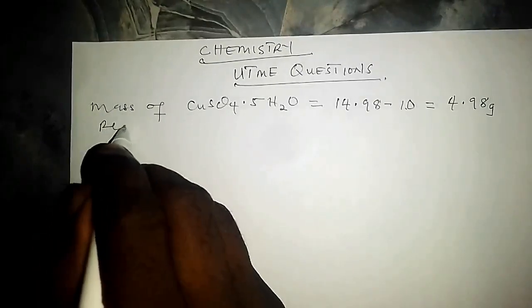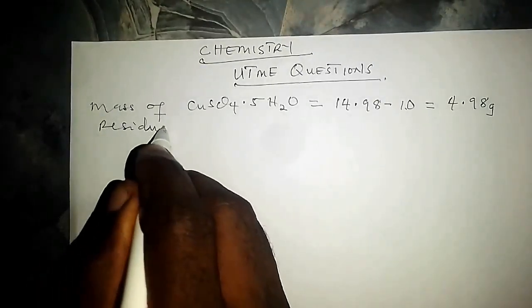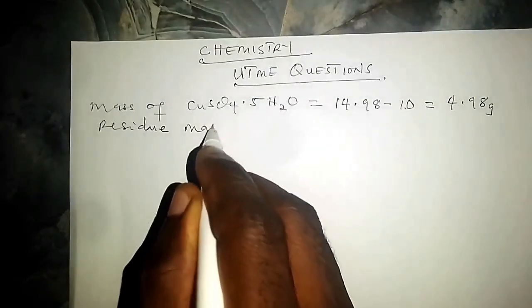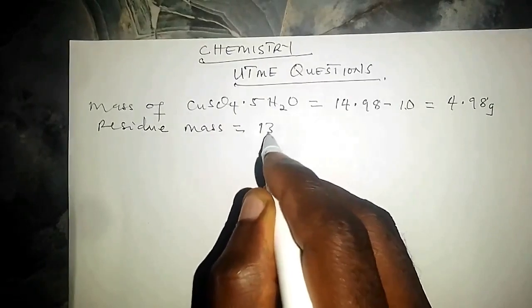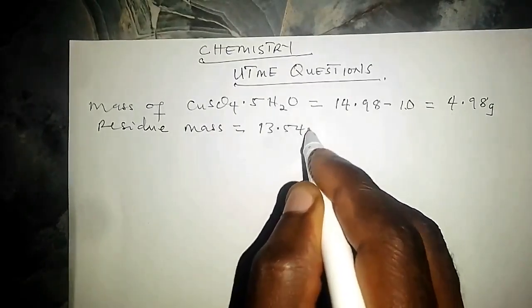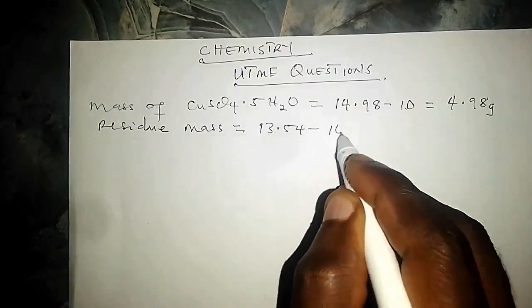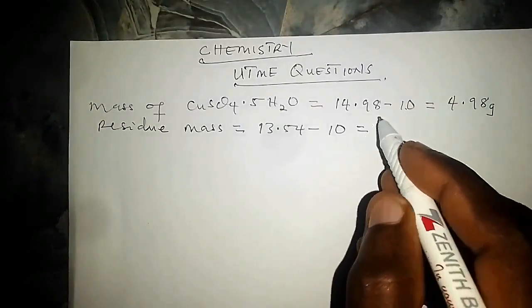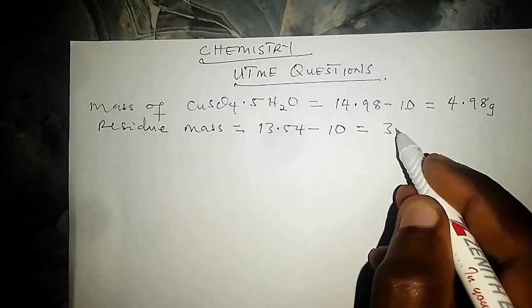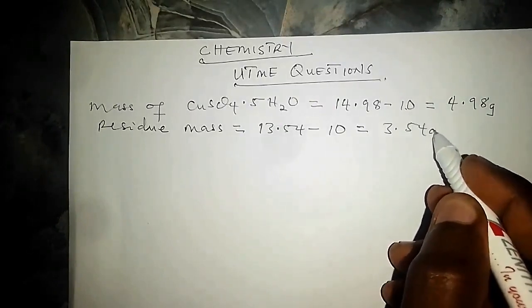Then the residue is the anhydrous copper(II) sulfate. So residue mass here is going to be equal to 13.54 minus 10, which is going to be equal to 3.54 grams.